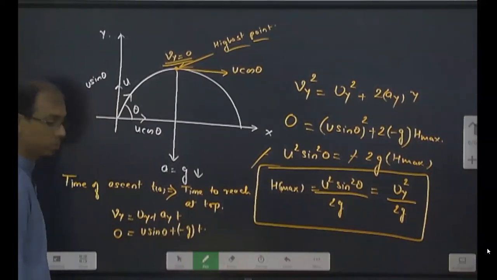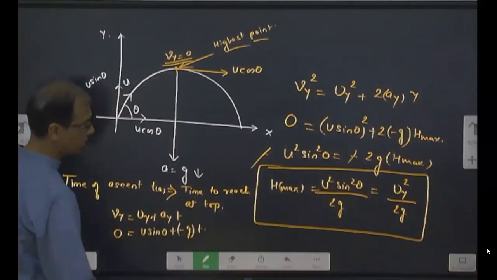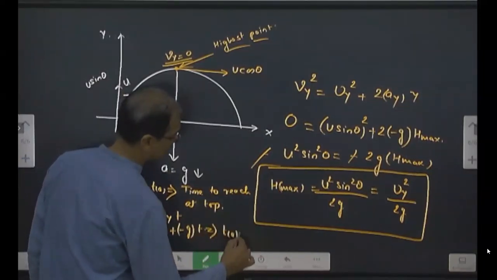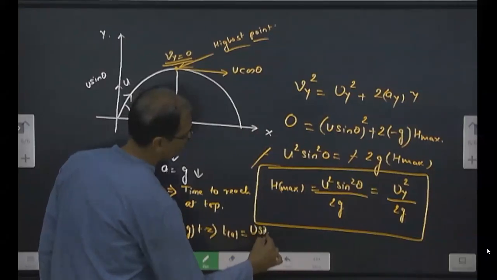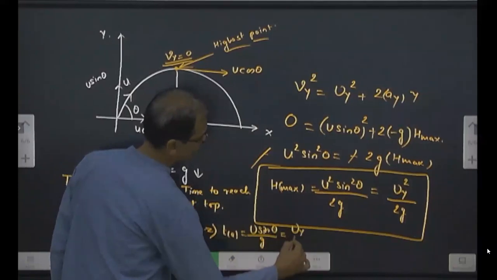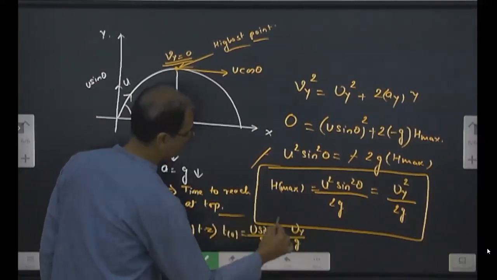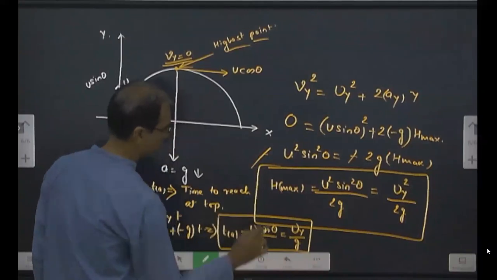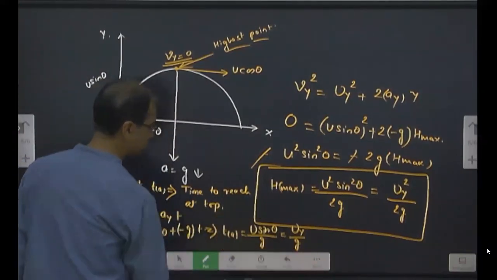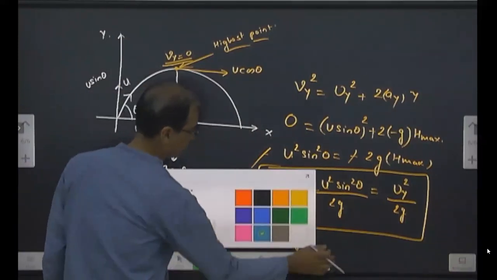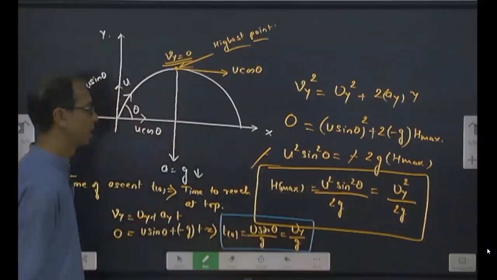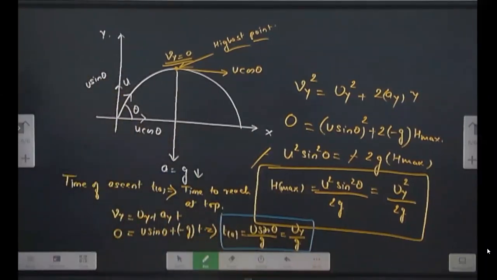So t equal to u sin theta by g. This is your time of ascent. But we will remember it as uy by g. This is time of ascent. Okay, is this clear? Yes, sir. Like this. Note this: maximum height and time of ascent.